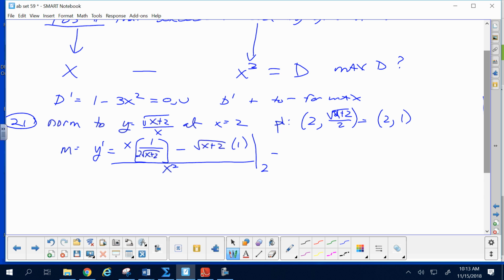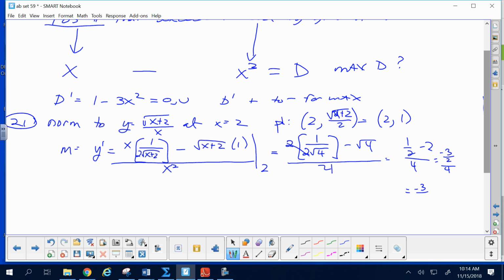What do you say? So if I plug in, I have 2 times 1 over 2 root 4 minus root 4 all over 4. That feels like 1/2 minus 2 over 4, which is negative 3/2 over 4, which is negative 3/2 times a fourth, which is negative 3/8.